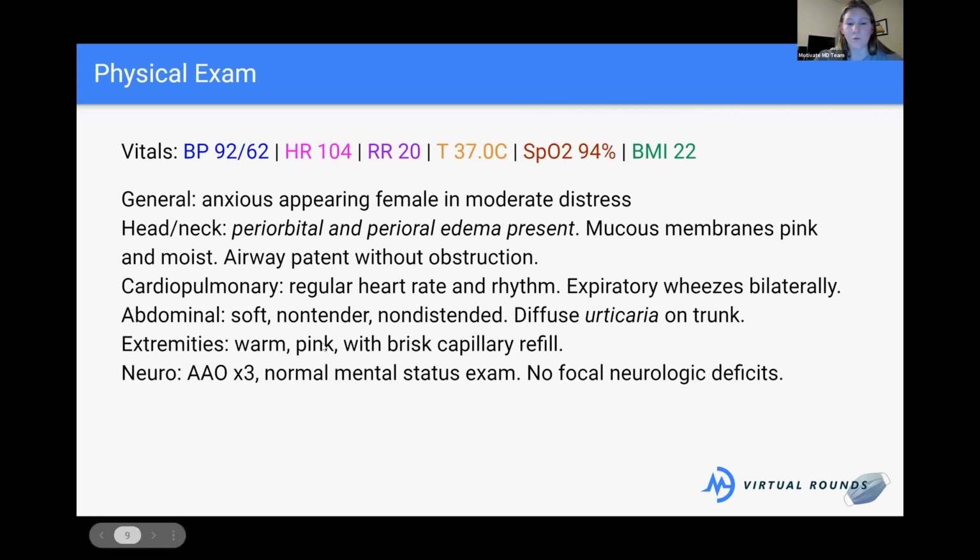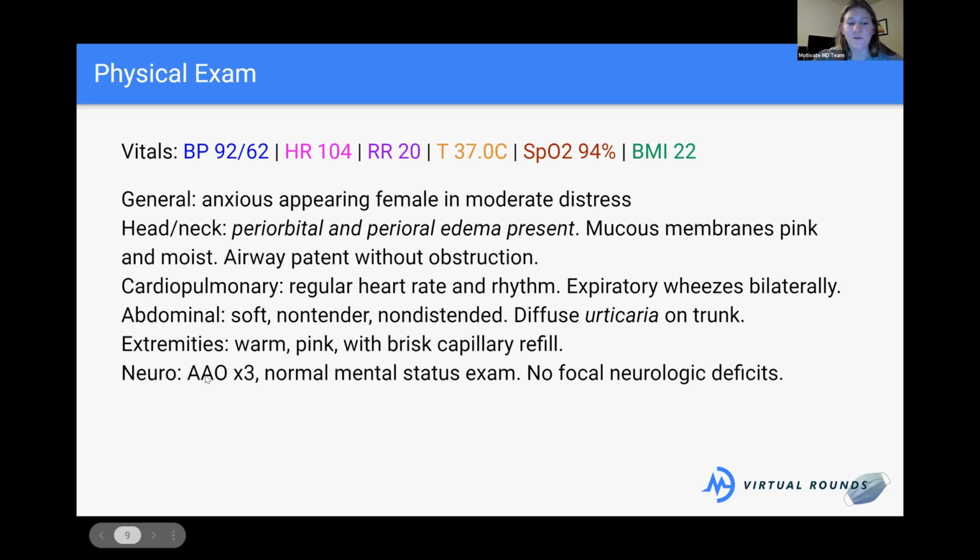Her extremities are warm and pink with a brisk capillary refill. And for her neuro exam, again, this is something really important to not forget about in a patient who might have a lower blood pressure or a lower oxygenation, that we want to make sure that they have normal mental status and level of consciousness, that they're not impaired neurologically from their hemodynamic or respiratory status.